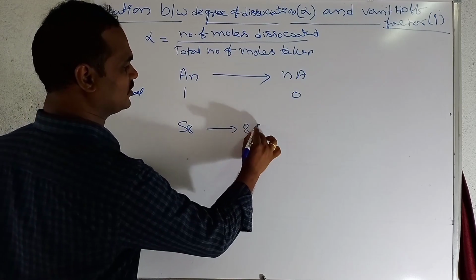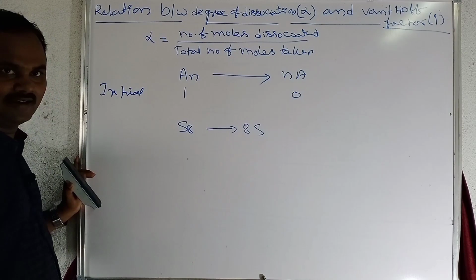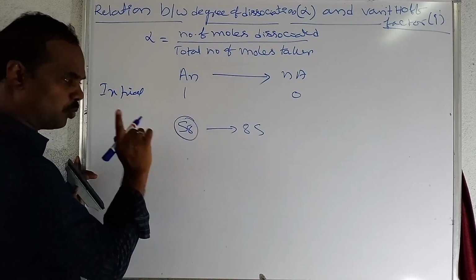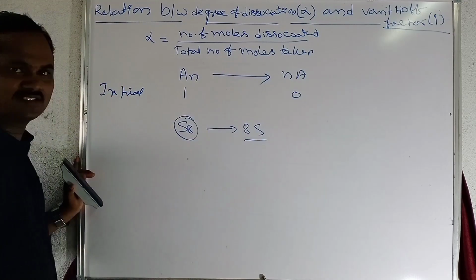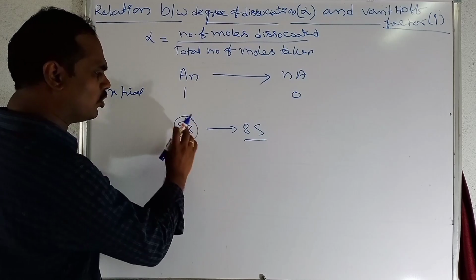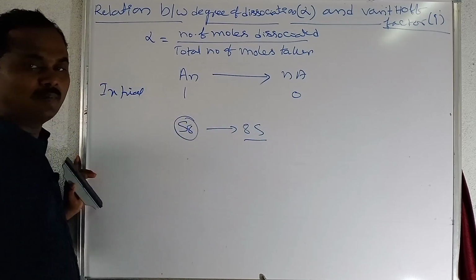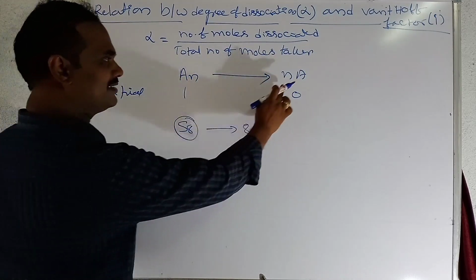After dissociating, 8 S atoms are obtained. S8 is 1 molecule containing 8 atoms, and 8 S means 8 separate atoms. Before, 1 particle; now 8 particles. In the same way, here 1 mole gives n moles.